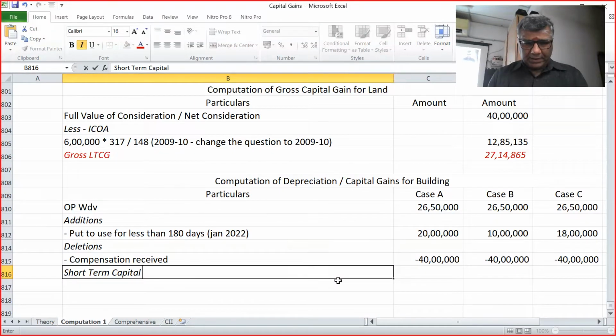Short-term capital gain arises when the block ceases to exist.